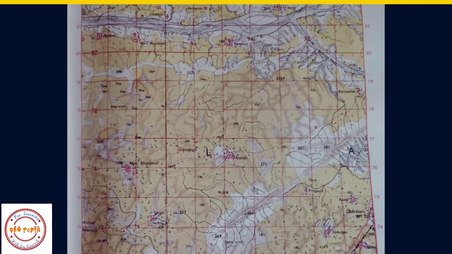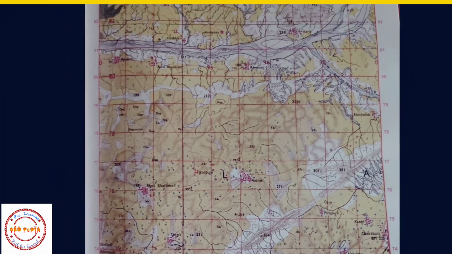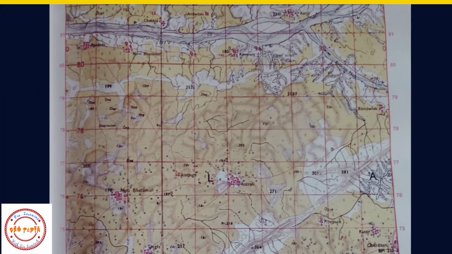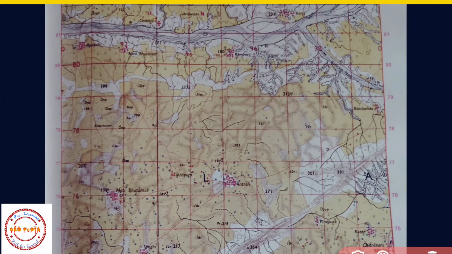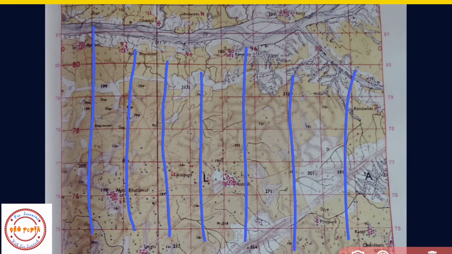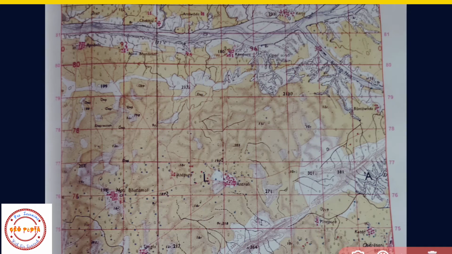Here you can see in this map some vertical lines. You can open your book and see some vertical lines in this way. These vertical lines are known as eastings. Why are these lines called eastings?